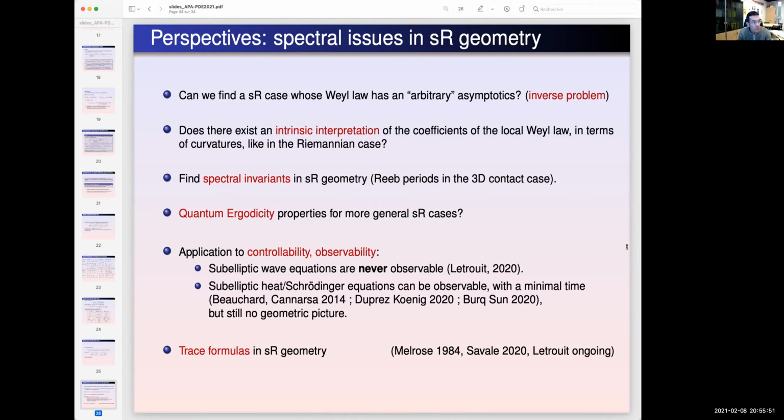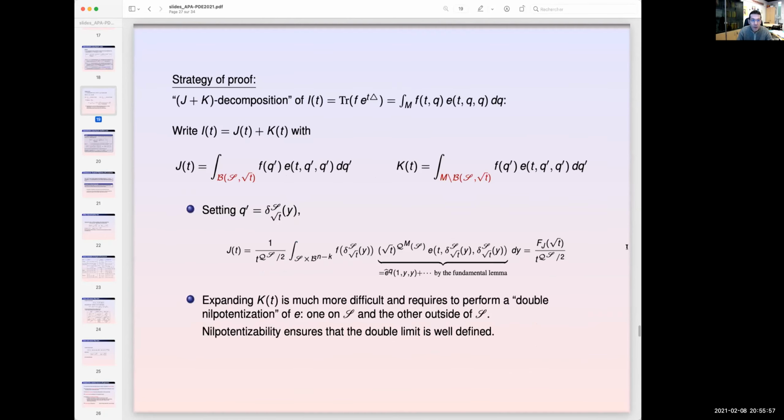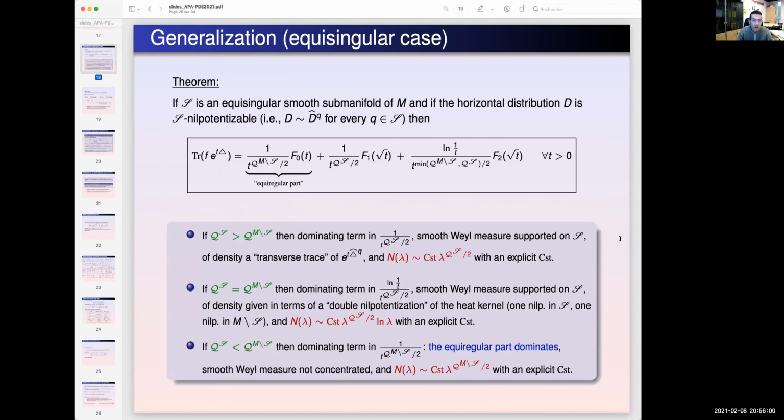the Lie group feature that you can have on it, we can even be more specific about the local Weyl law. For instance, in this kind of expansion, we can be much more specific about the form of the smooth functions f0, f1, and f2.